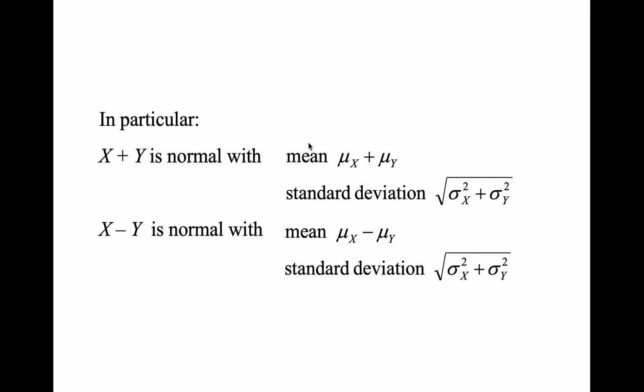In particular, X plus Y is normal with mean mu_x plus mu_y and the standard deviation stated there. And X minus Y is normal with mean mu_x minus mu_y, and the standard deviation is defined as such.